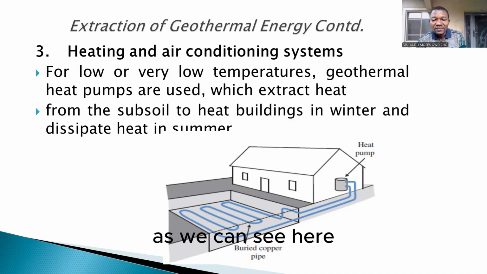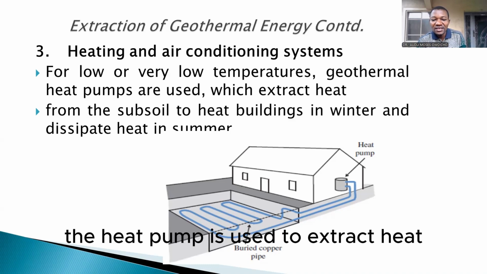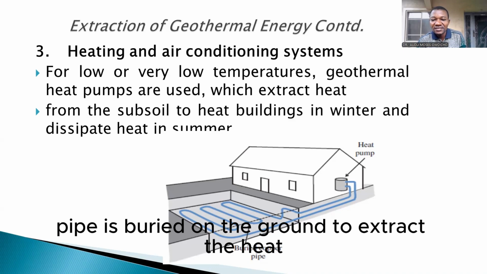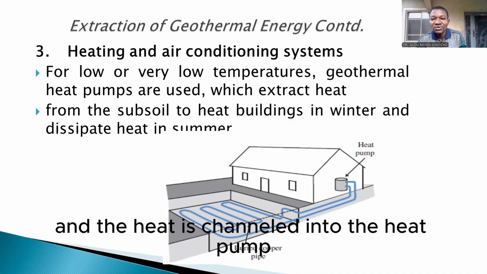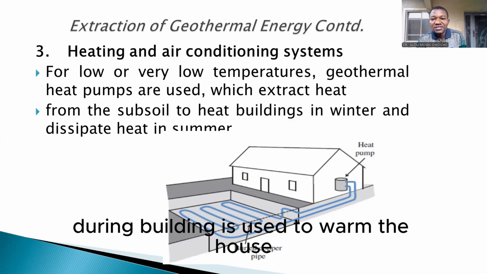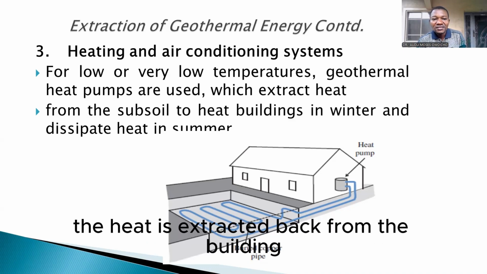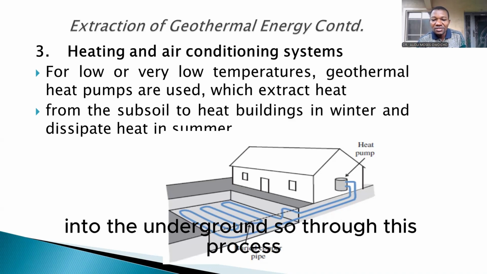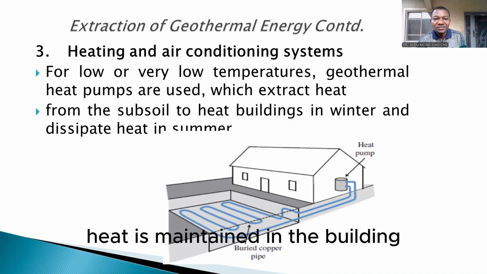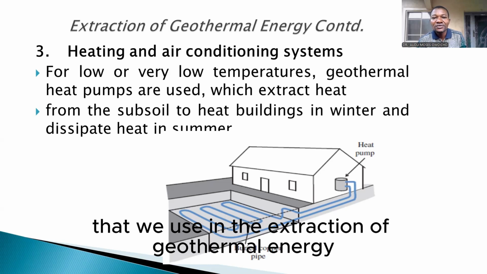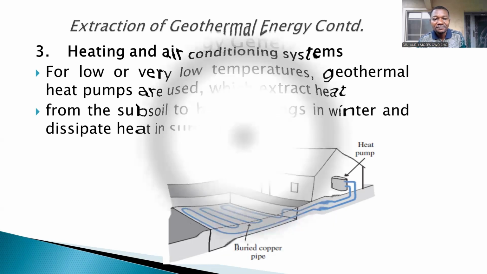As we can see here, the heat pump is used to extract heat, and a copper pipe is buried in the ground to extract the heat, and the heat is channeled into the heat pump. During winter, it is used to warm the house, the building, while during summer, the heat is extracted back from the building into the underground. So through this process, heat is maintained in the building. So these are the three main methods that we use in the extraction of geothermal energy.